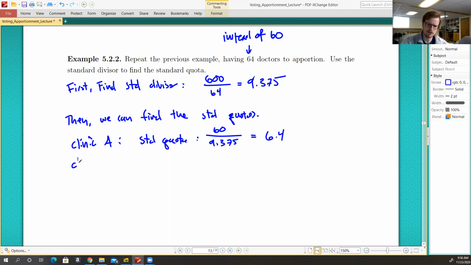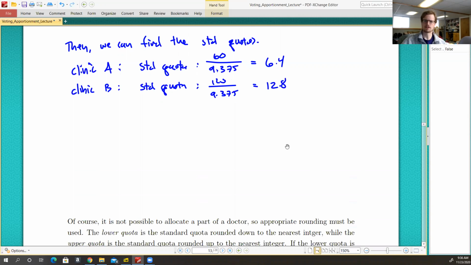First, let's find all of these standard quotas. For clinic B, they see 120 patients each week divided by the standard divisor of 9.375. That gives us 12.8, which is slightly larger than the quota found previously, which makes sense.